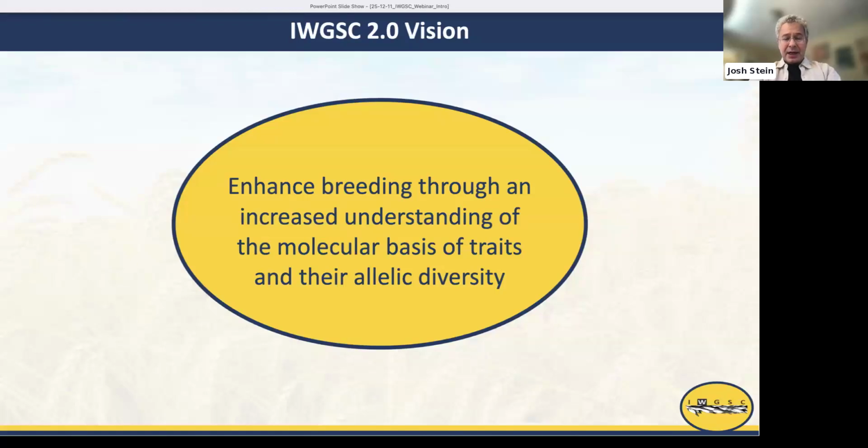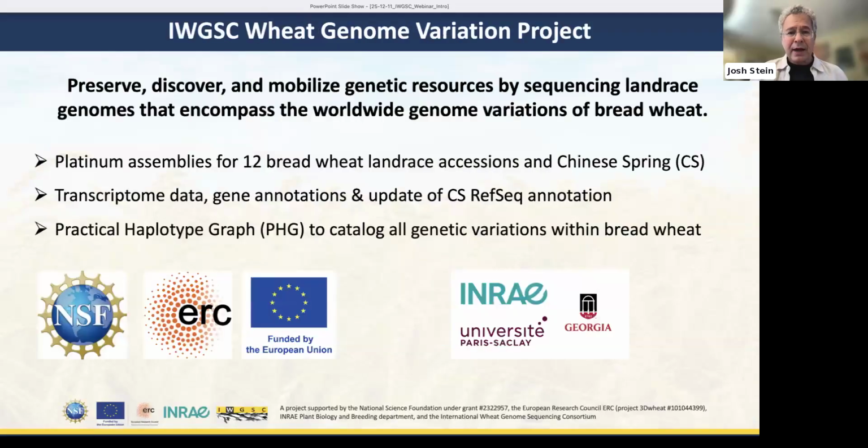Since that time, we've started a new vision for IWGSC 2.0, and that is to enhance breeding through an increased understanding of the molecular basis of traits and their allelic diversity. We have been working for almost 2 years on this new project, which is funded both by the National Science Foundation and by the European Union.